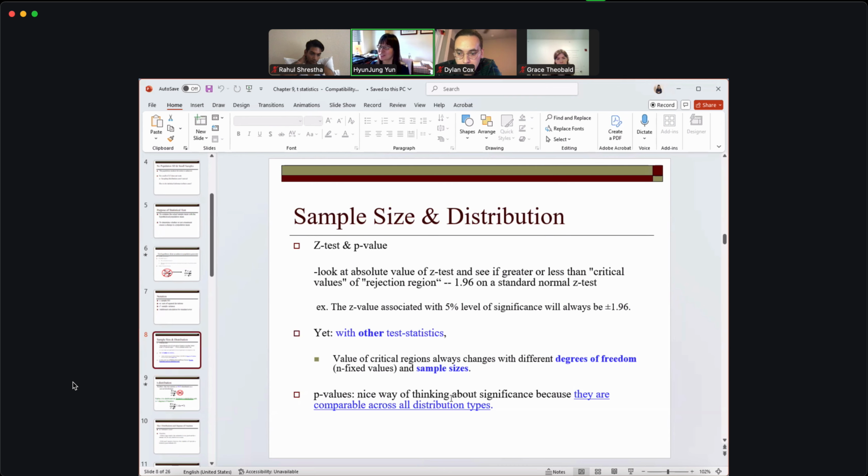Okay. So for any values, like t or chi-square values, it depends on degrees of freedom. For the z-table, you can use either the z value or the p value because it's specific. For example, if the z value is higher than 1.96, that means it's far beyond the critical region, usually 0.05, right?